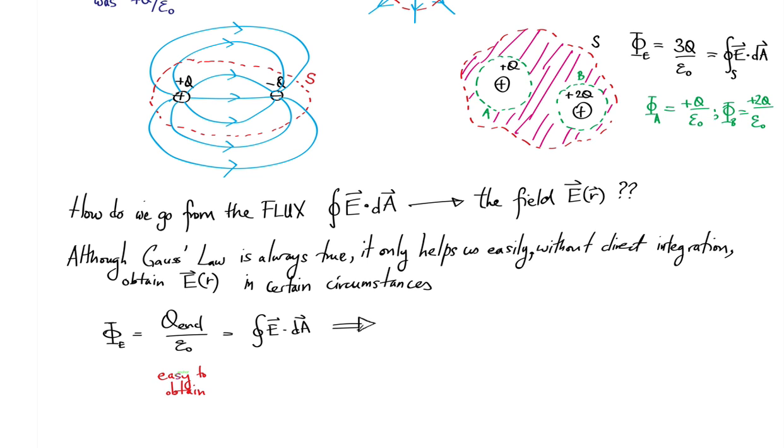And like I said, what we want is actually this. We want E, right? So it turns out if we can basically write this integral as this, then we can actually get the electric field out relatively easily.